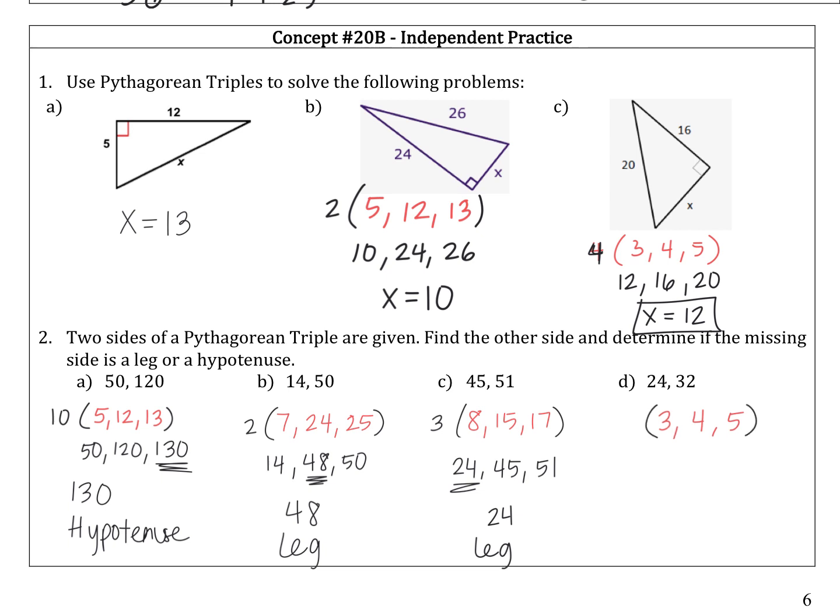Got multiplied by what? 8 to get you 24, 32, and 40. You are missing 40. And so what kind of piece is it? Hypotenuse. So I know that's a little weird at first. Like I said, you're always welcome to use Pythagorean theorem, but I think triples are pretty important and make your life easier.